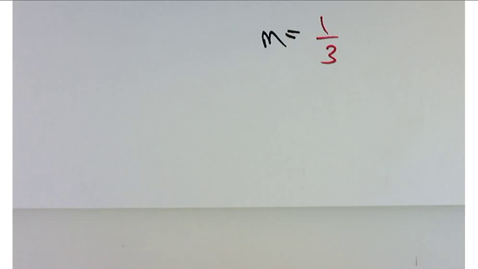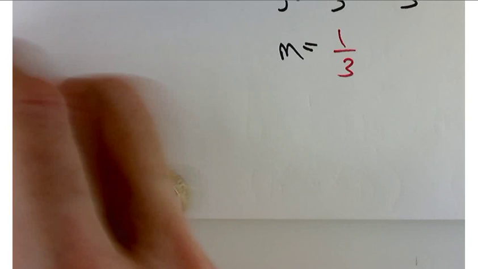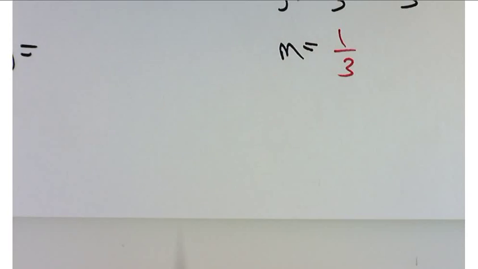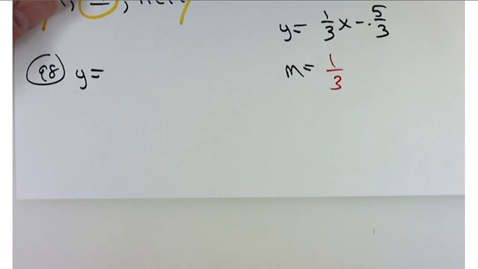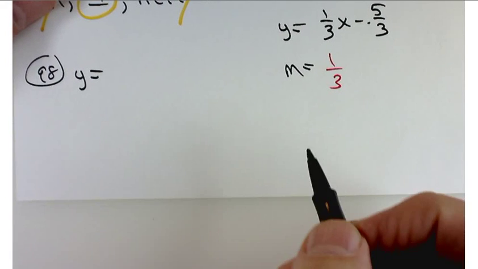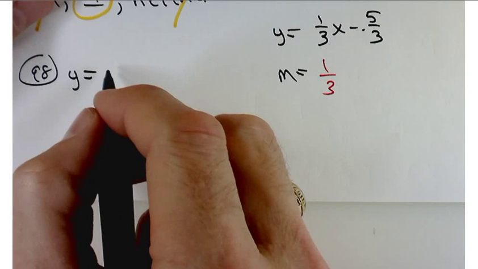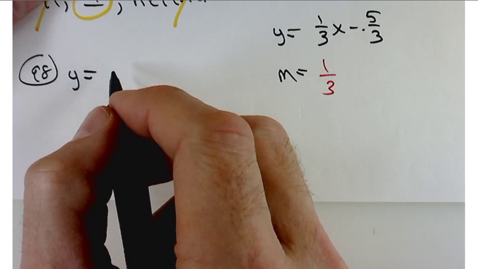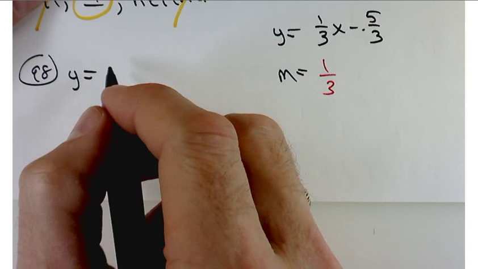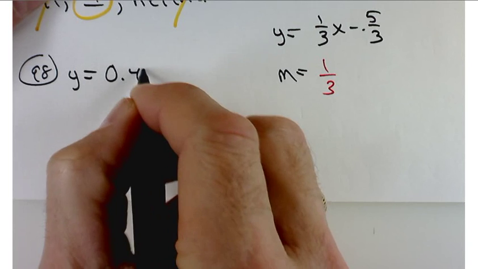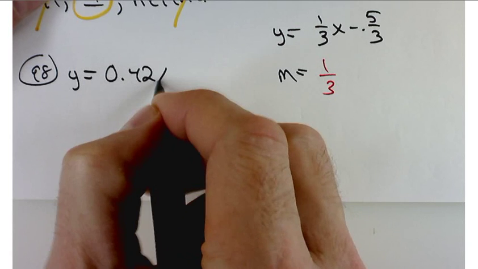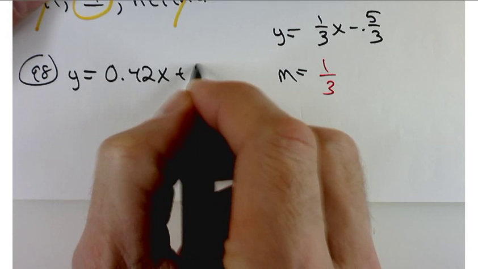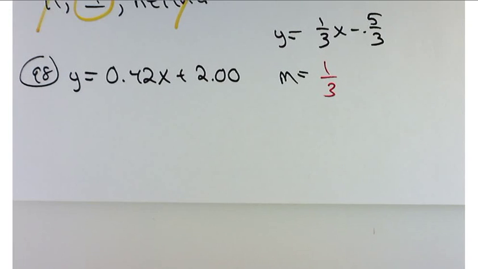Yeah, the 42 cents per ounce is your slope. So y equals, or y is our cost, 42 cents. If I want to write that in decimal form, what would that be? 0.42 x plus 2.00. This is all in terms of dollars, but 42 cents per ounce plus $2 for the drink.